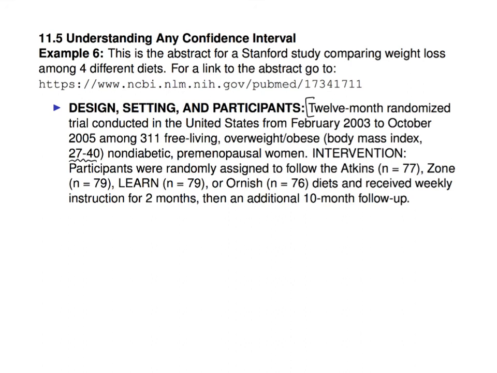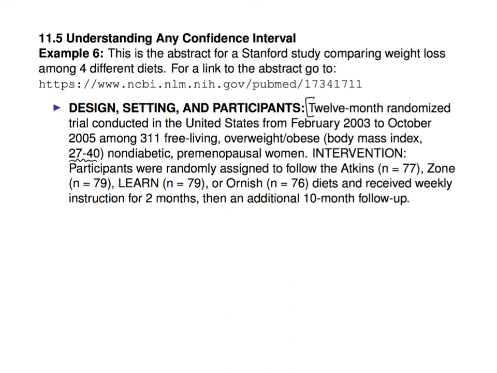For the intervention, participants were randomly assigned to follow the Atkins diet, 77 on that one, the Zone diet, 79, the Learn diet, 79, and the Ornish diet, which was 76 people. And these people received weekly instruction for 2 months, and then an additional 10-month follow-up.